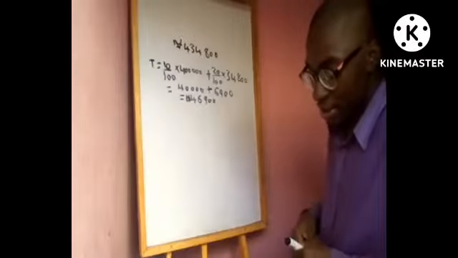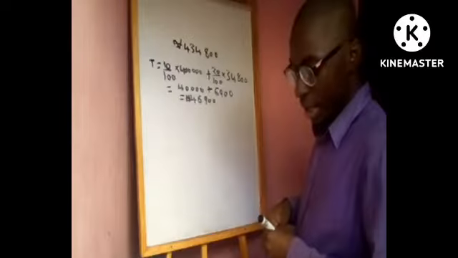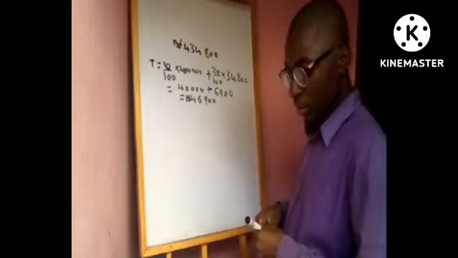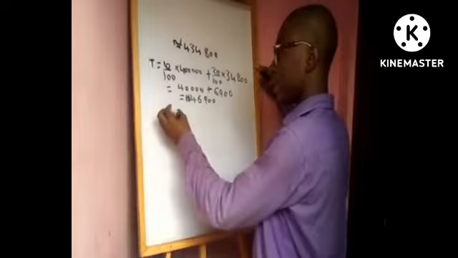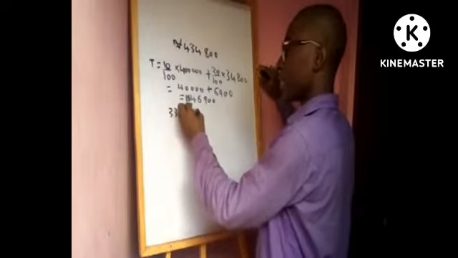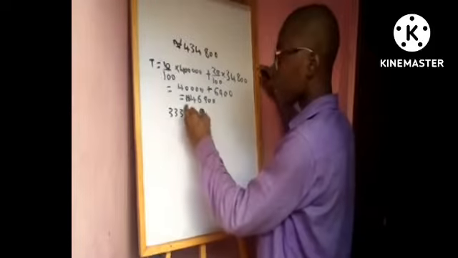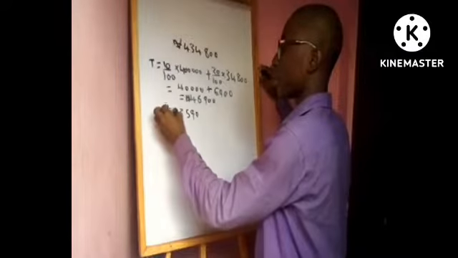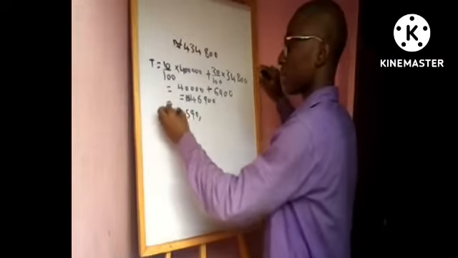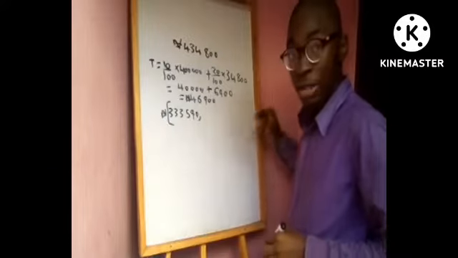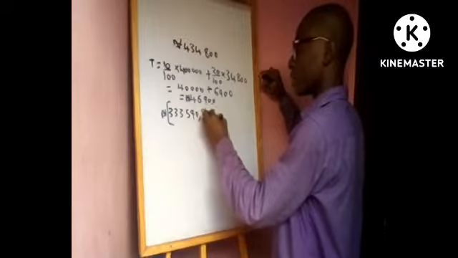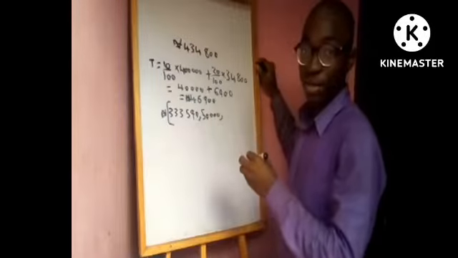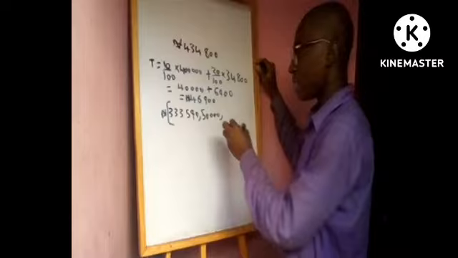He's married, so for personal allowances he will have 590 naira. Next, for his spouse allowance, he has 50,000 naira. Then for his children, he has 40,000 naira for each of them as an allowance, so the total will be 120,000.